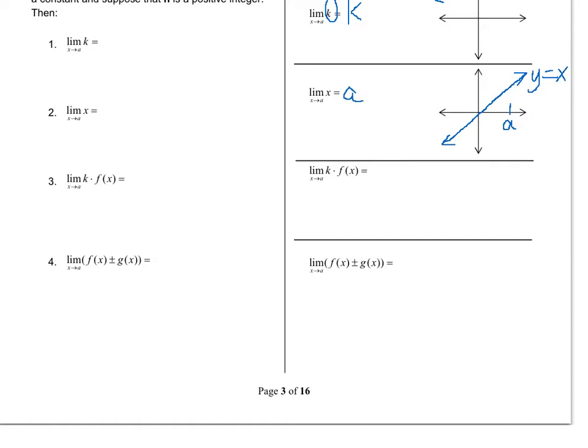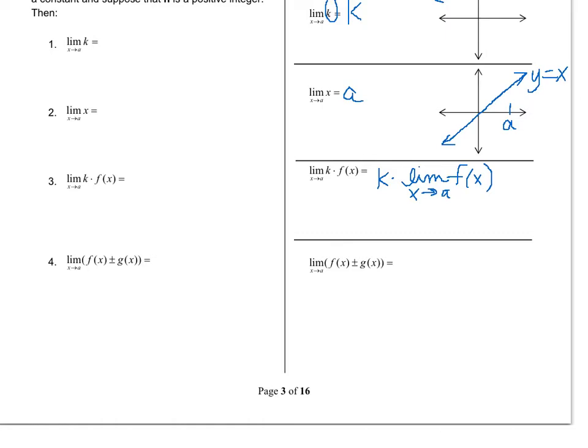So if you go over here to the right hand side, we're going to pull out that constant k, and then we're going to do the limit just as it was before. So the k value is pulled out to the front, and you've got the limit as x approaches a of f of x. And if you can evaluate that limit, then you do so, and then just multiply by the constant at the end.